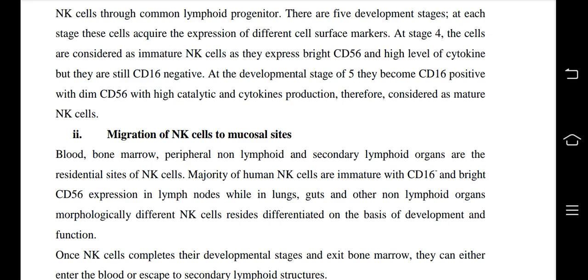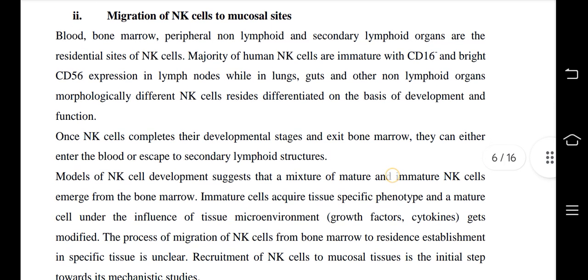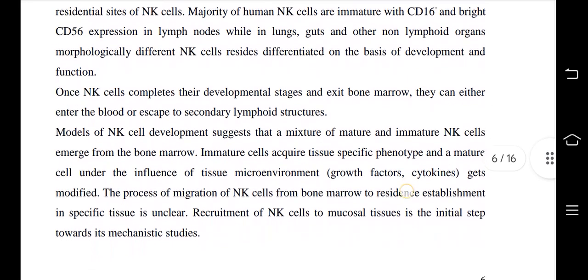Migration of NK cells to mucosal sites. Blood, bone marrow, peripheral non-lymphoid and secondary lymphoid organs are the residential sites of NK cells. The majority of human NK cells in lymph nodes are immature with bright CD56 expression, while in lungs, gut and other non-lymphoid organs, morphologically different NK cells reside, differentiated on the basis of development and function. Once NK cells complete their developmental stages and exit the bone marrow, they can either enter the blood or escape to secondary lymphoid structures.